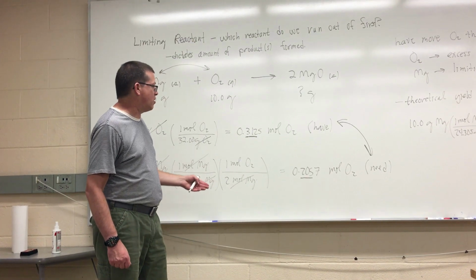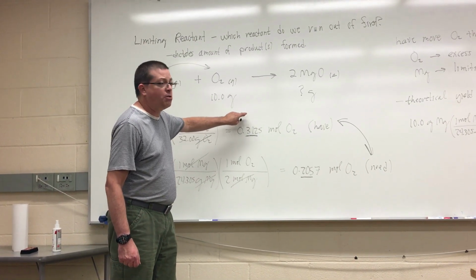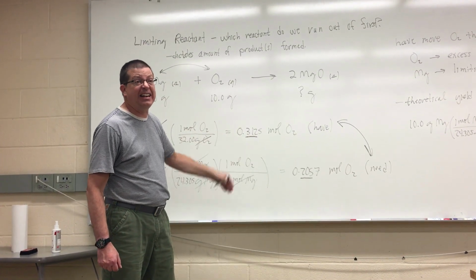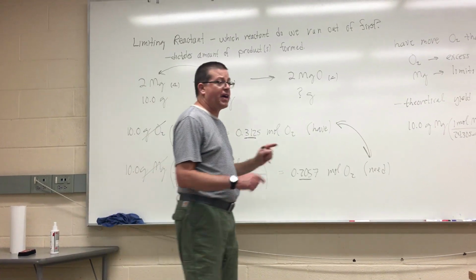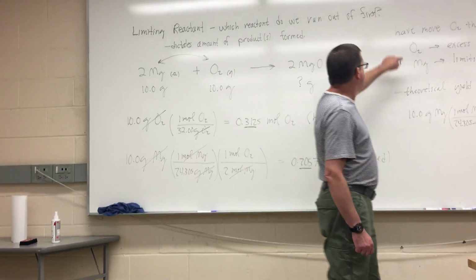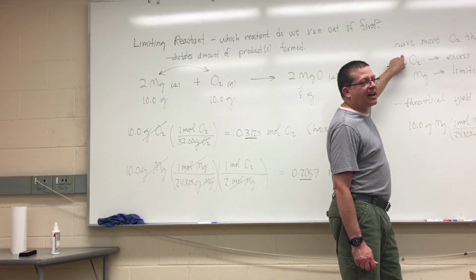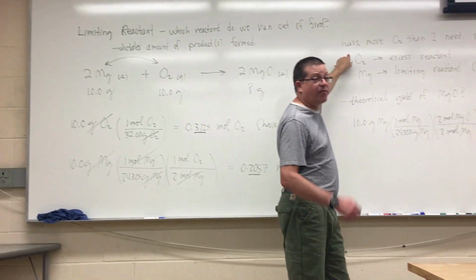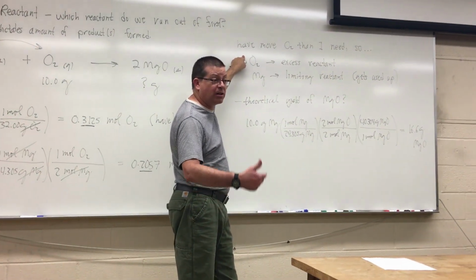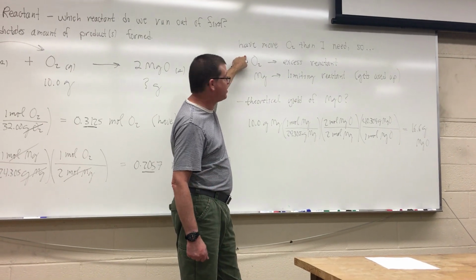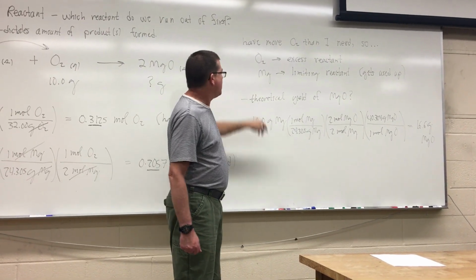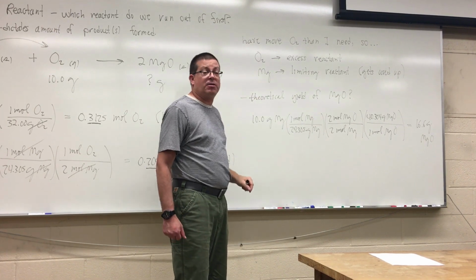So I have available more oxygen than I need. As a result of that comparison, we now know that oxygen is what we call the excess reactant. I have more of it than I need, so it's going to be in excess at the end of the reaction. Also, by definition, that makes magnesium the limiting reactant.